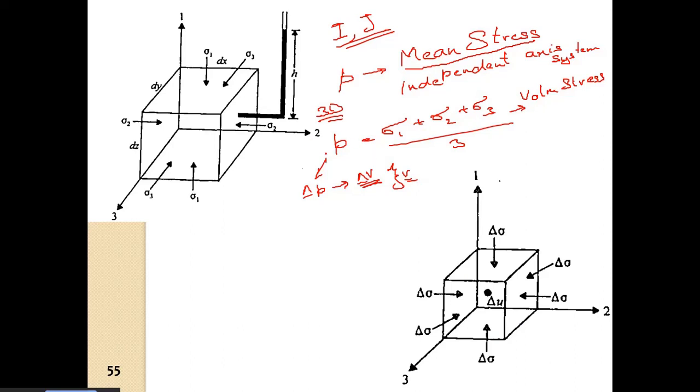And if you see, it is basically these two points joining. If this length represents sigma 2, if this length represents sigma 1, and if this length represents sigma 3, then this is the p coordinate.